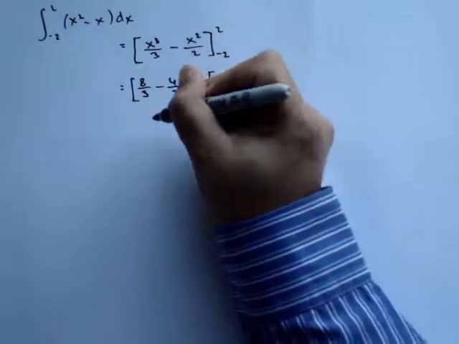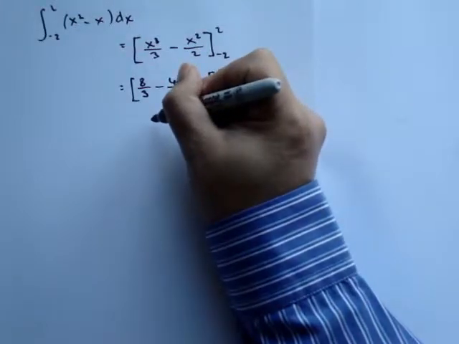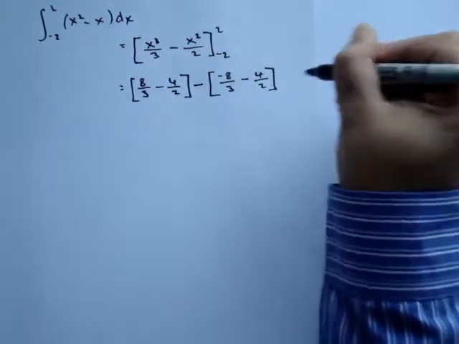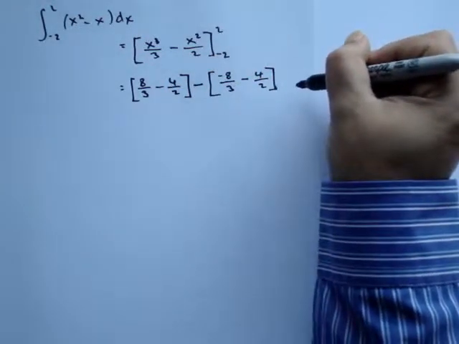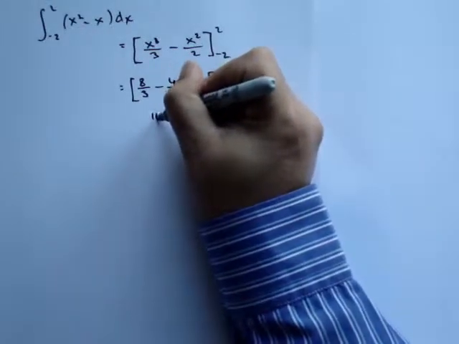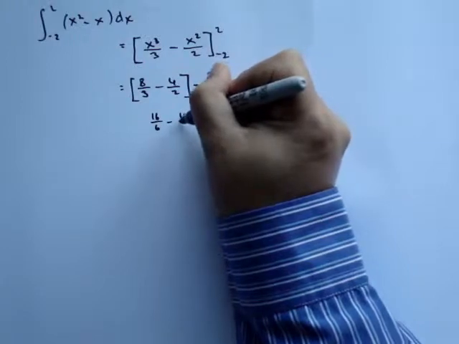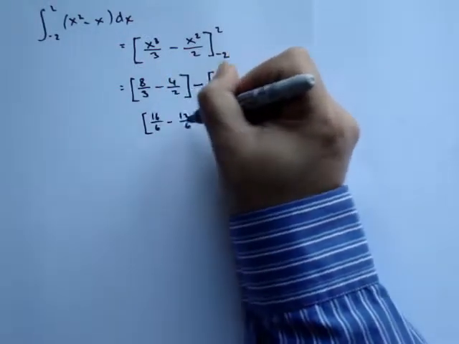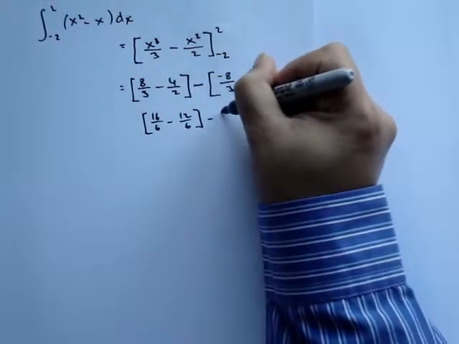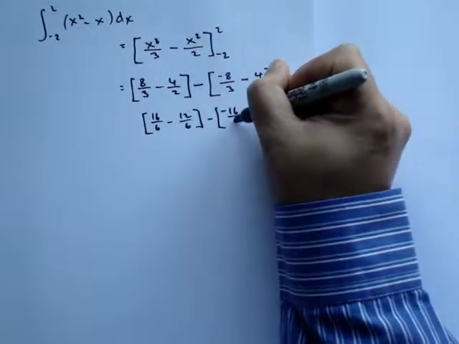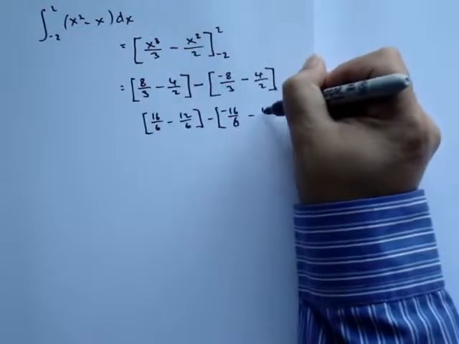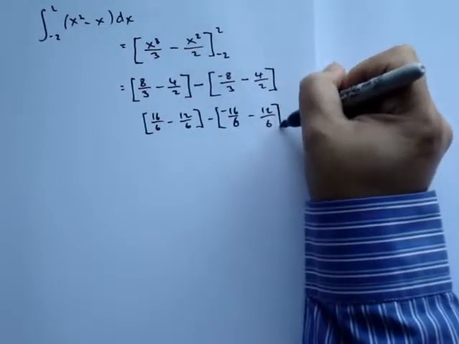When we do this, taking a common denominator, we get 16 over 6 minus 12 over 6 minus 16 over 6 minus 12 over 6.